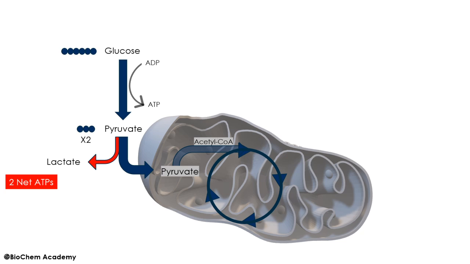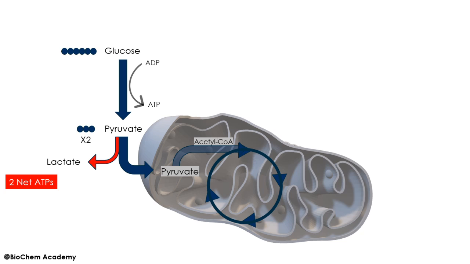And then this pyruvate can get converted into lactate, which is what happens when you exercise and the demand of oxygen is higher than the cell can get. In this situation, the cell will direct the glucose towards the production of lactate and in the process produce 2 net ATP molecules.